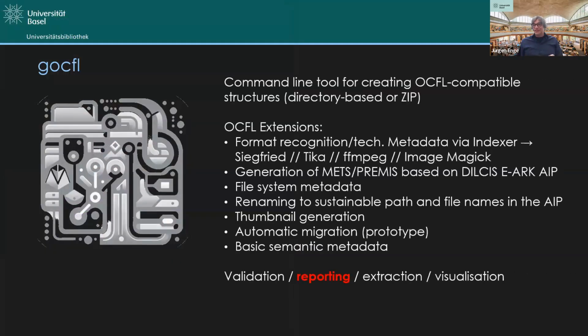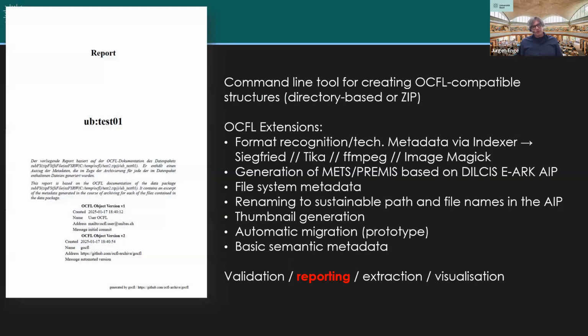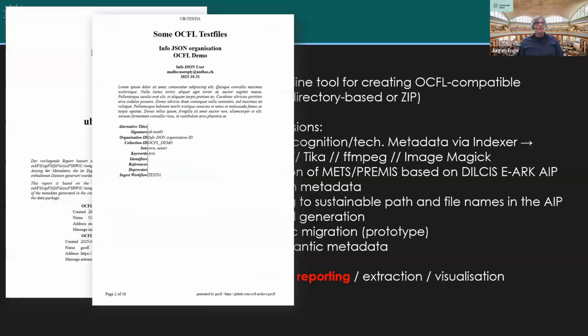Then we need reporting. We are not yet in the archive, we're just in the SIP or AIP, so it's a bit mixed in our case, and we can report. The report consists of a technical front page, which says who has archived what and when. We have a semantic page, which comes from our basic metadata.